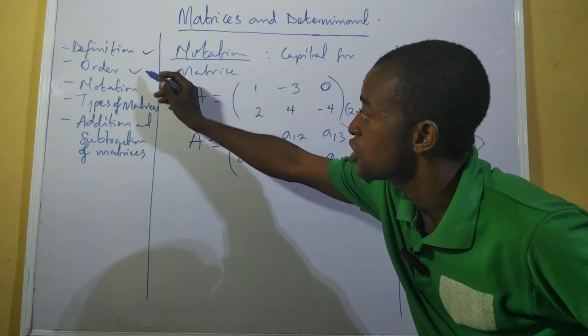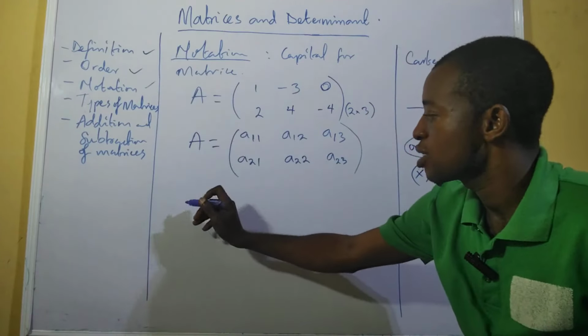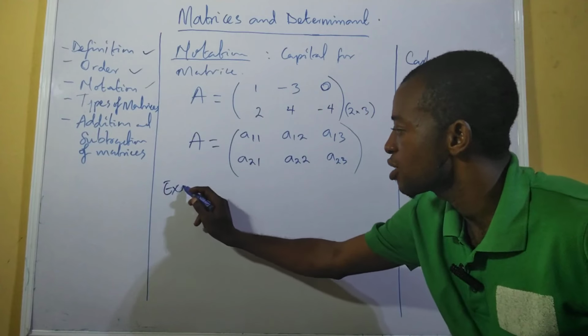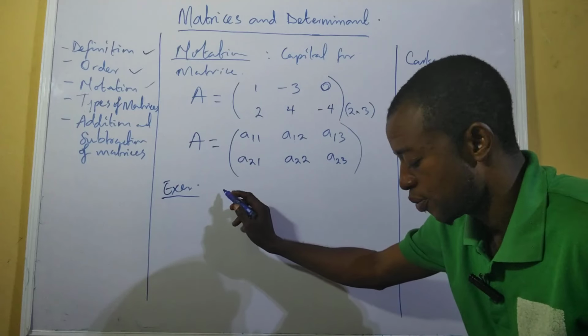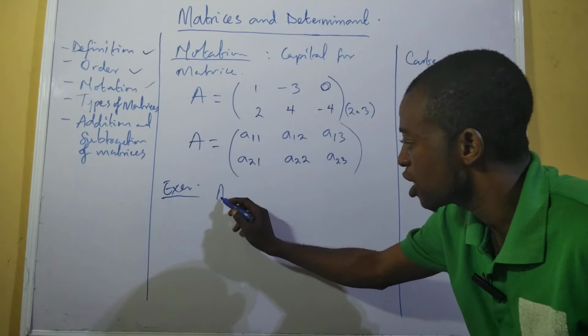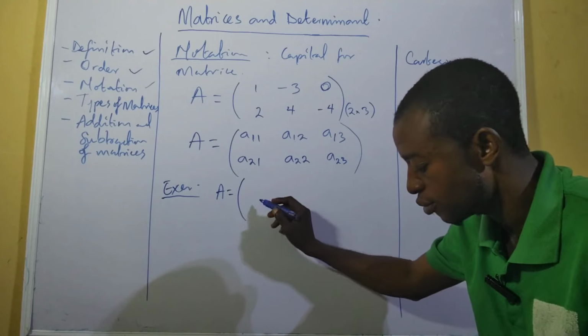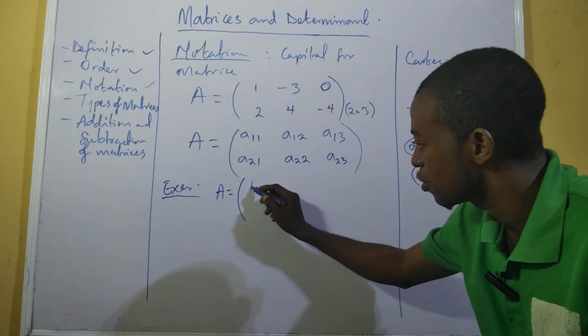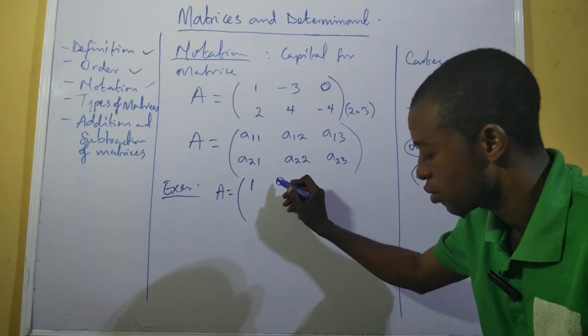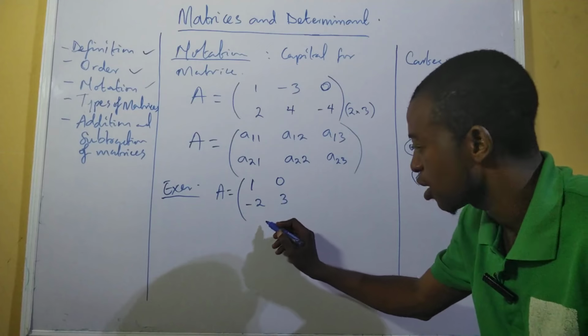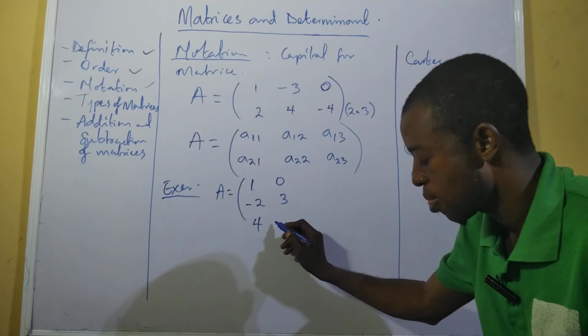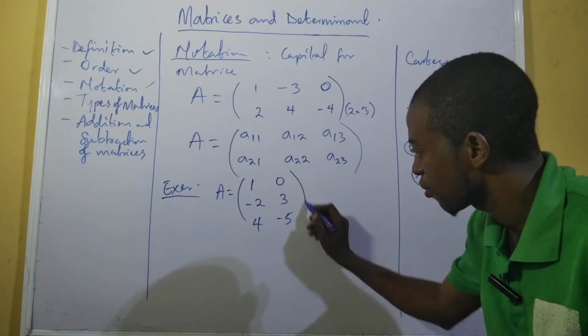On this definition of order and notation, we might consider this as an exercise. Given that matrix A is equal to 1, 0, minus 2, 3, 4, minus 5.